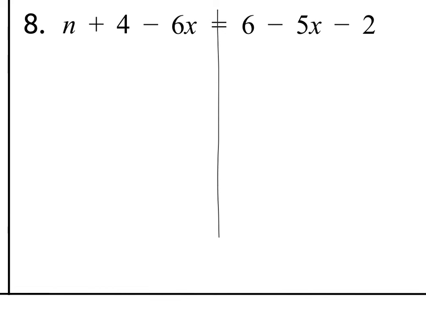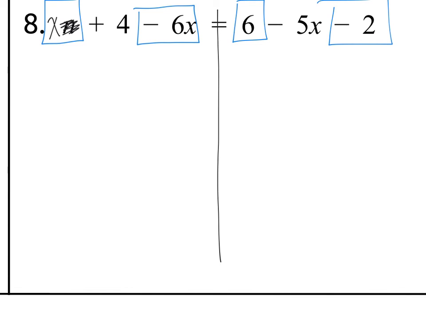Number 8. There is no distributing, but we need to kind of look through and see, oh, that I wrote that down funny and you're not going to be able to solve it like that. That should be an X. So what we have going on here is X and negative 6X are the same. And on the right, you have 6 and negative 2.